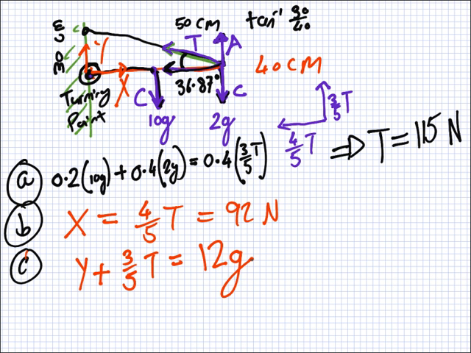How many upward forces are there in this diagram? There's two. There's the reaction at the wall provided by the screw, perhaps, and there's also an upward tension force. These two together must equal the total downward weight of 12g. So, do we know this? Yep. Can we know this? Yep.